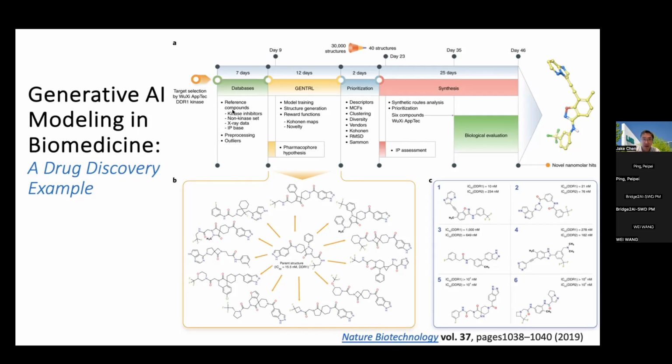Essentially, they took all of the chemical compounds targeting the DDR1, and then formed a database of chemical structures and fed it into a model. And this model will take all of the existing chemical compounds and hypothesize what pharmacophore of the protein structure they may actually be targeting.